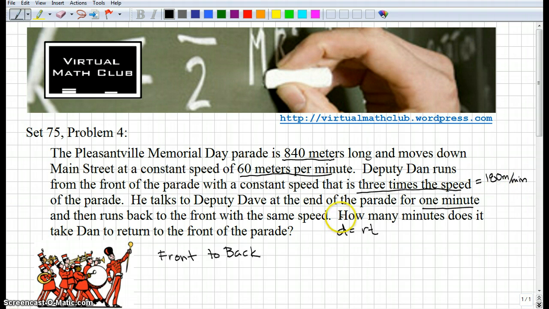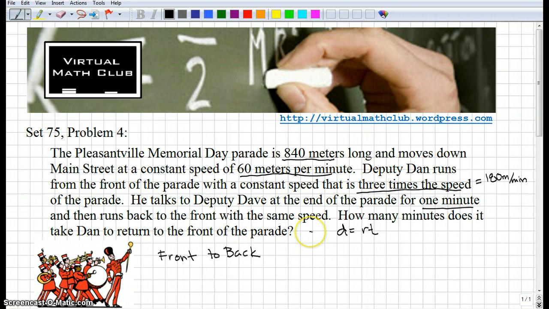Okay. But as Dan runs along, the parade is also moving along. And usually when we talk about speeds, we're always measuring it with respect to the ground, right? Because we think of the ground as not moving, but in actuality, the ground is moving, right?